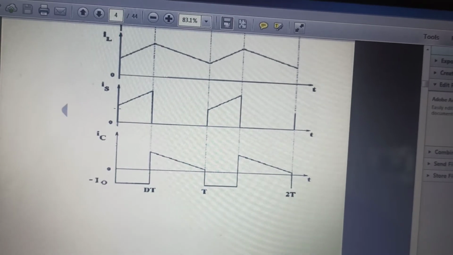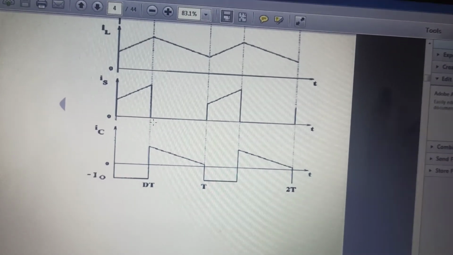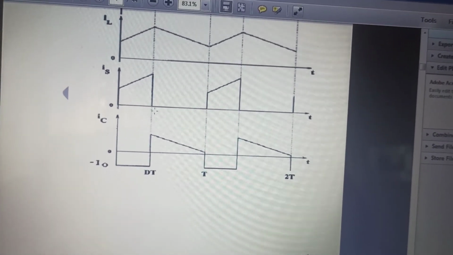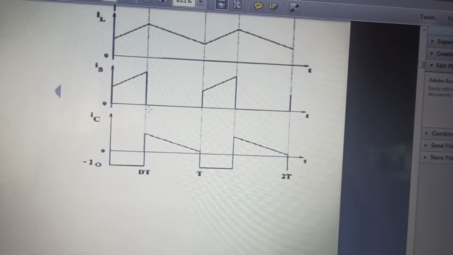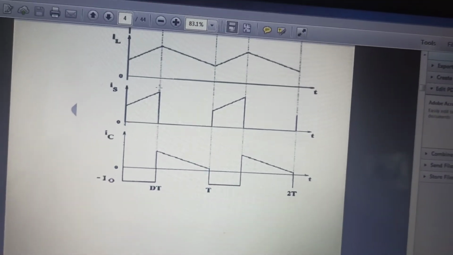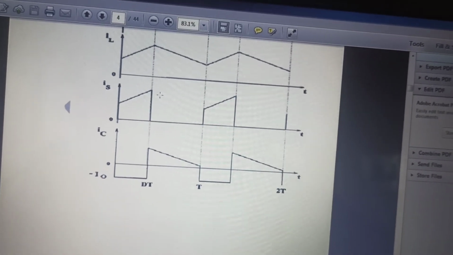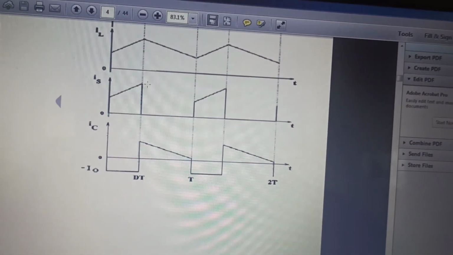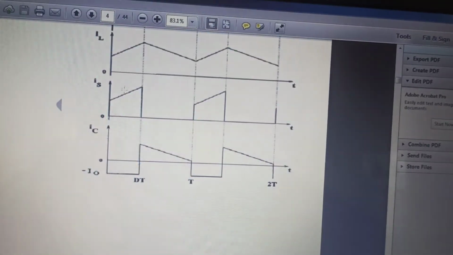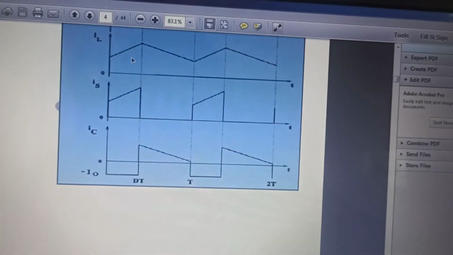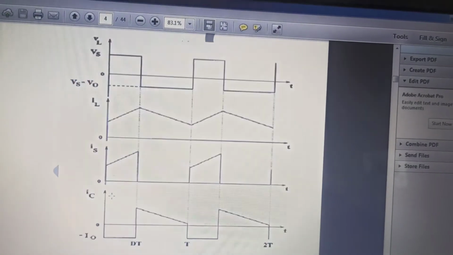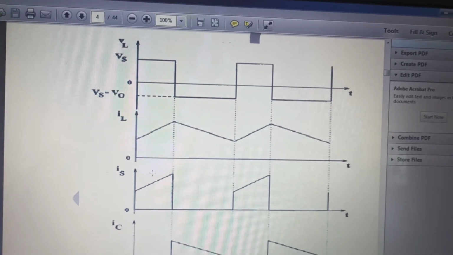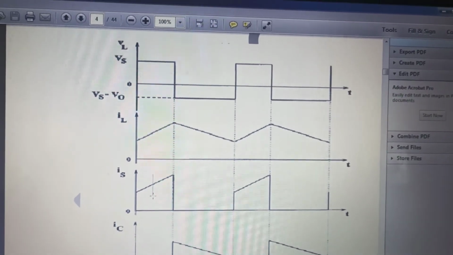So this is nothing but IL minimum into dt plus half into this length. Have a look at this. This length, sorry, this length, wait a minute, I will zoom it so that it becomes very much clear. Yes, now, this length is delta IL.